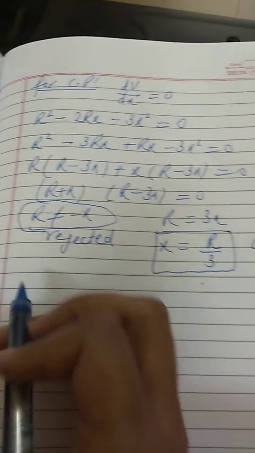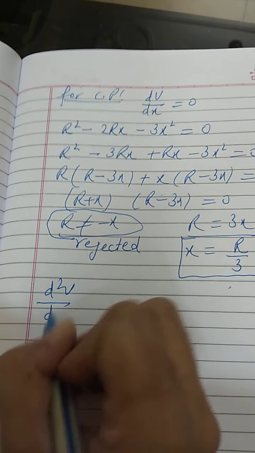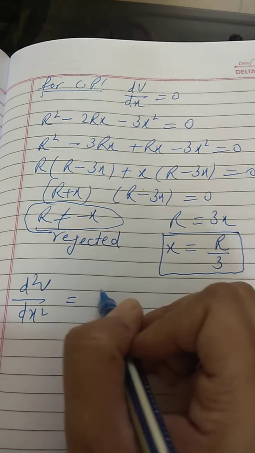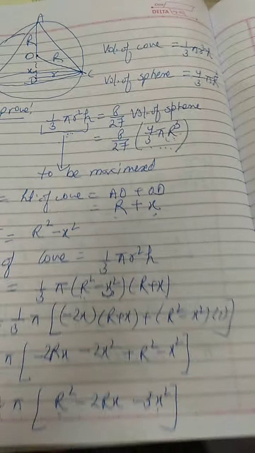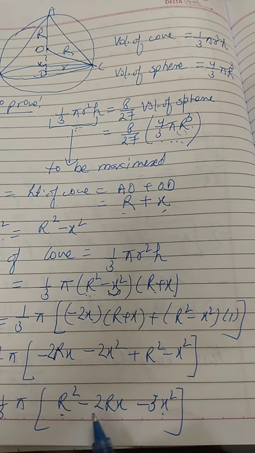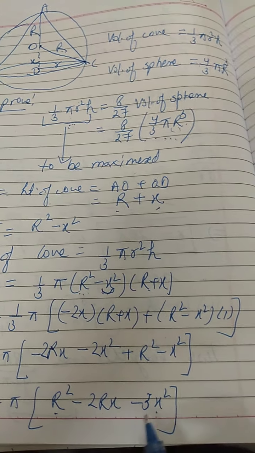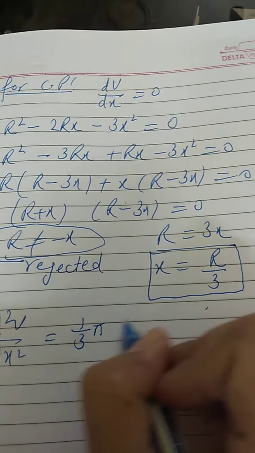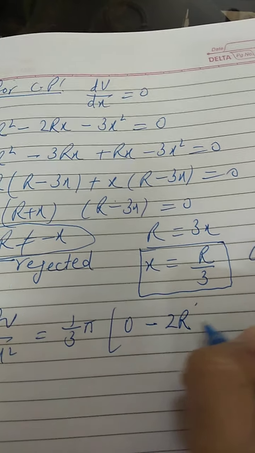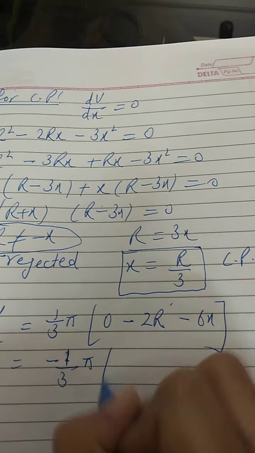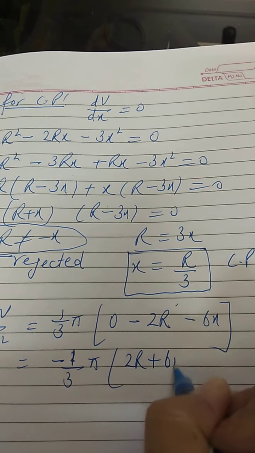Now, after finding the critical point, we will find the second order derivative of the volume with respect to x only. The first order derivative was 1 by 3 pi times this expression. So when I differentiate, 1 by 3 pi is constant, R square gives 0, minus 2Rx derivative will become minus 2R, and here minus 6x. So 1 by 3 pi is constant, and this is 0 minus 2R minus 6x. That means it is negative: minus 1 by 3 pi times 2R plus 6x.